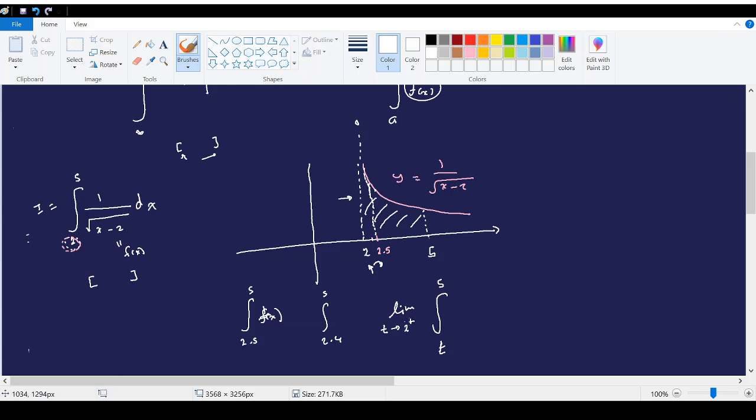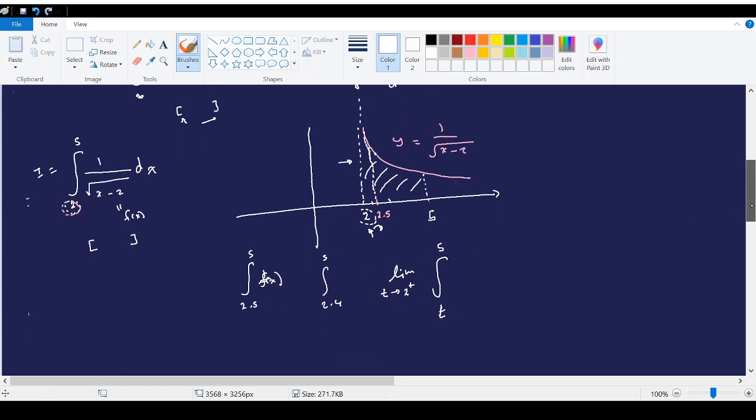This superscript plus sign represents the limit approaching from the right hand side. The reason is you have a vertical asymptote and you can have finite values for the points which are to the right of positive 2. So we reach the integral through those points.